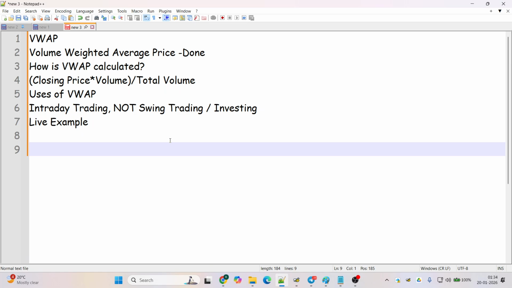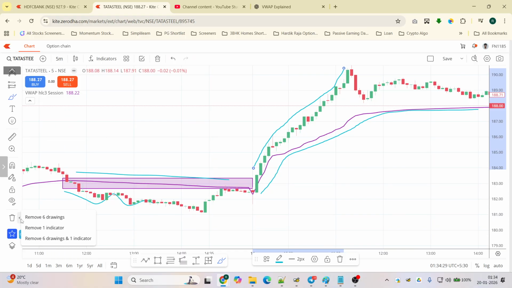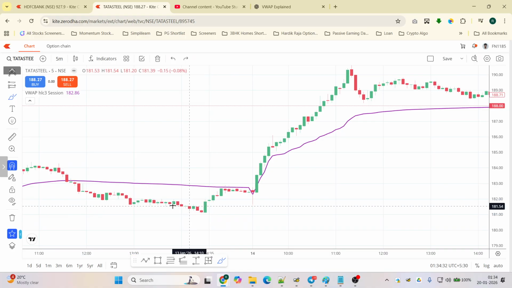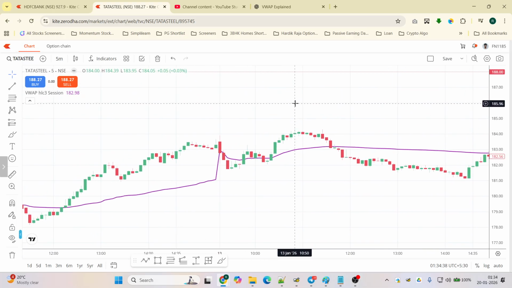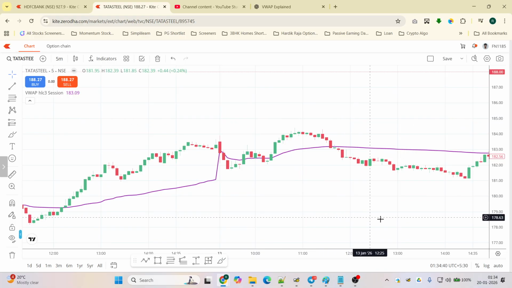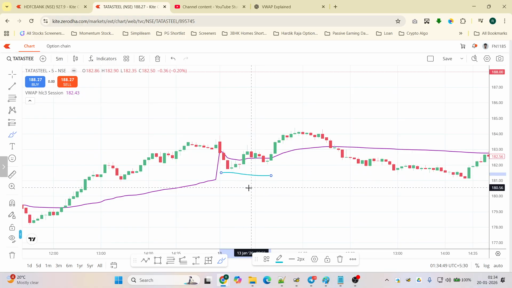Before that, let me give you one more example here. Just deleting the drawings. And how do you identify when the market is sideways so that you don't enter? Simple. The VWAP line will almost be in a flat range.